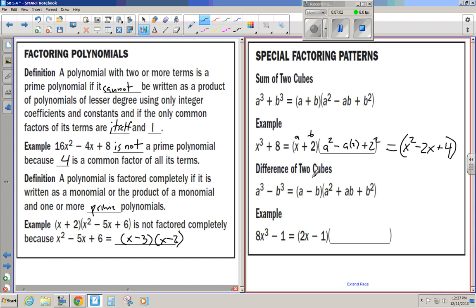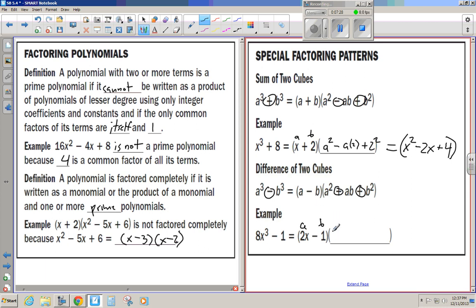The difference is exactly the same except the sign. I mean, look, here's a minus, plus; here's a minus, here's a plus, plus. So basically, you need to add those pieces in there. So a is this, b is this. All you're doing is plugging in the information.